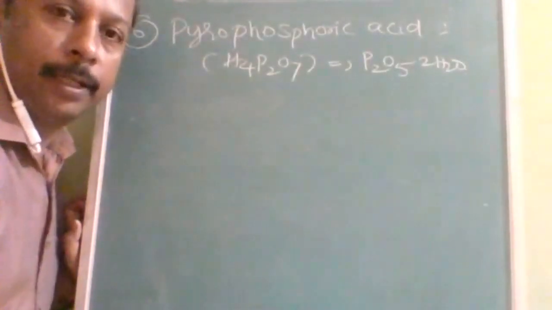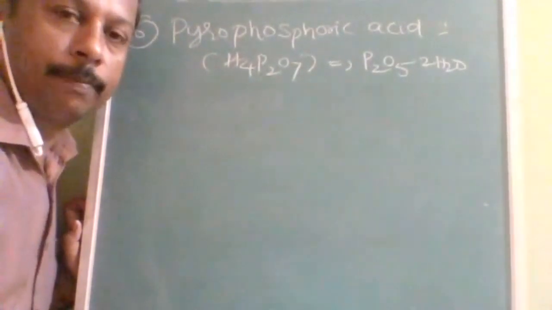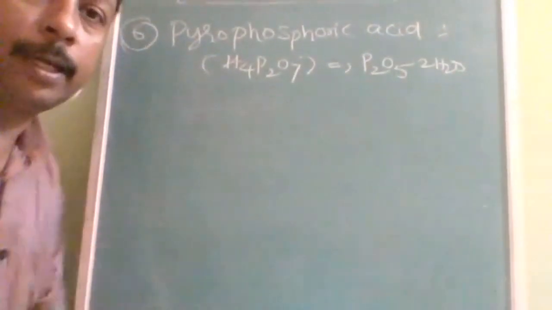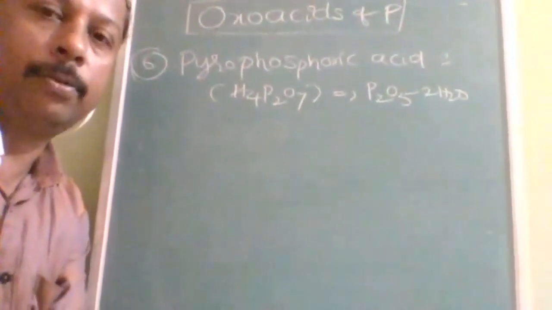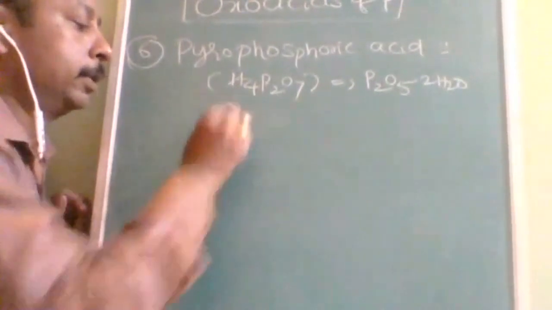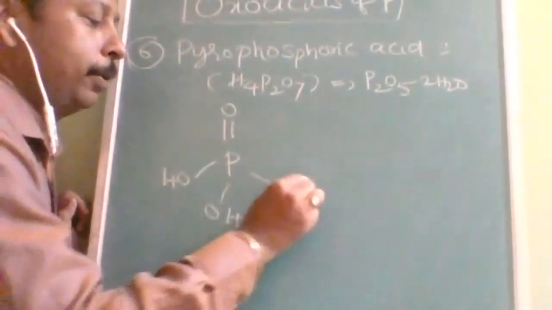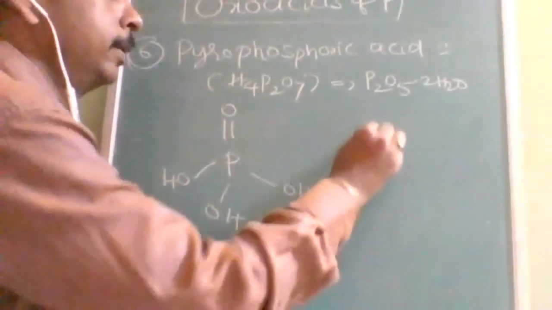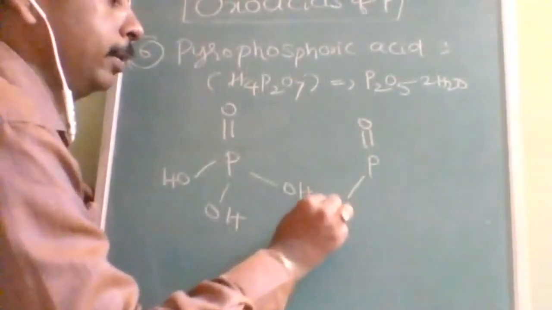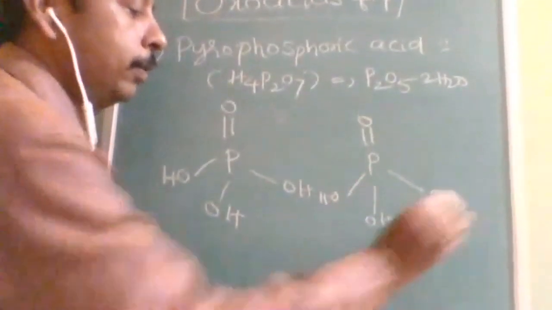Now we are in the last part, pyrophosphoric acid. H4P2O7. Simply, once upon a time, 2 phosphoric acid molecules were there.